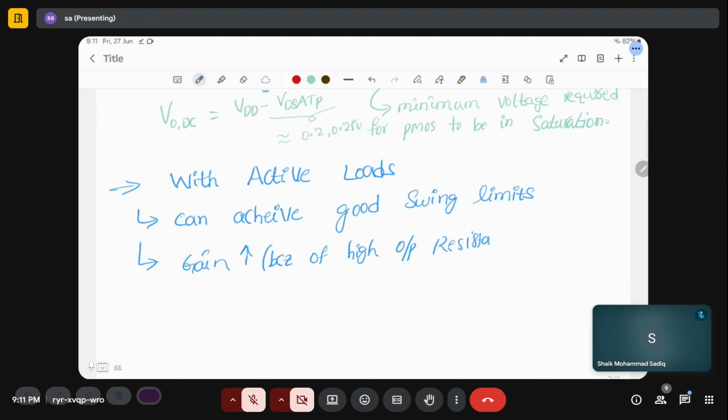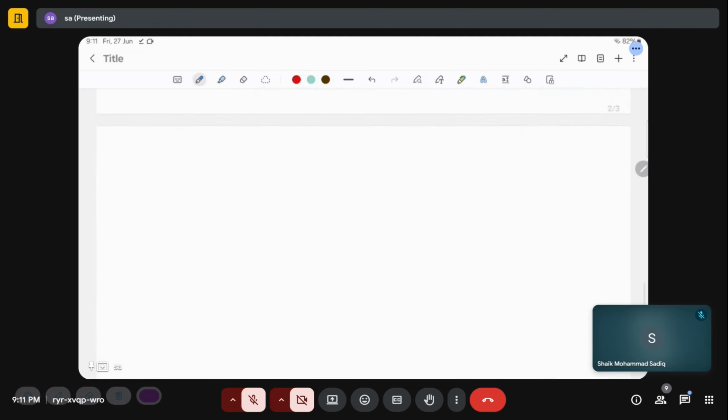This is because of low voltage drop. No voltage drop.